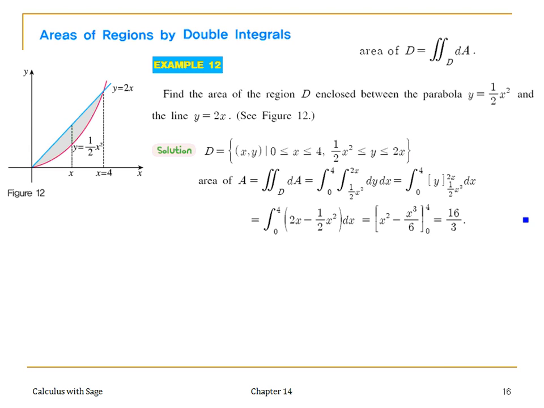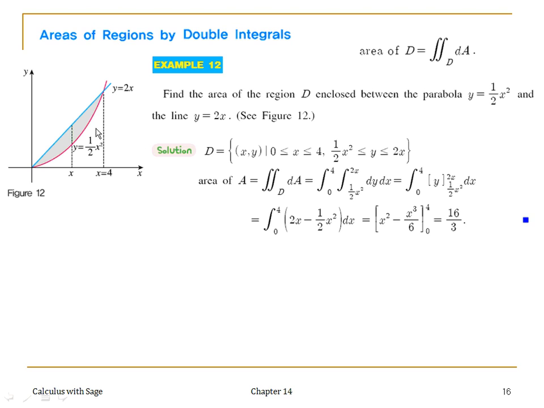And next example, areas of regions by double integrals. This area D can be found by a double integral of the constant function 1. This example shows how to find the area of the region D enclosed between the parabola and the line y equal to 2x. We want to find this area by double integral.